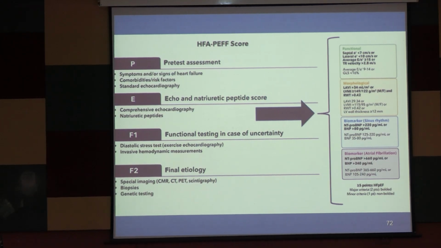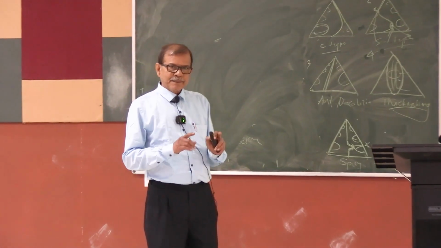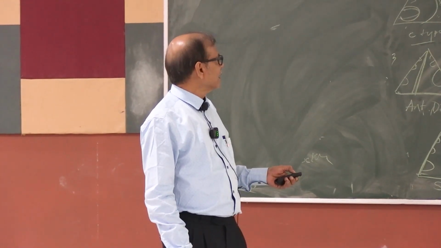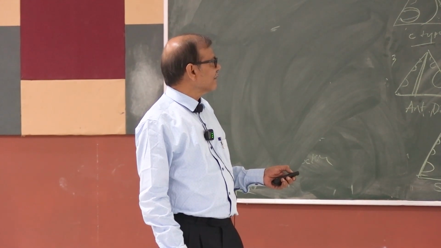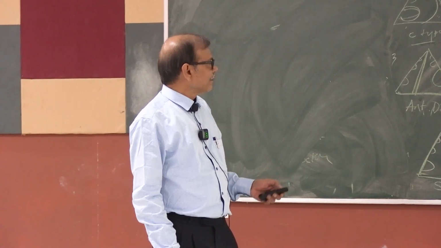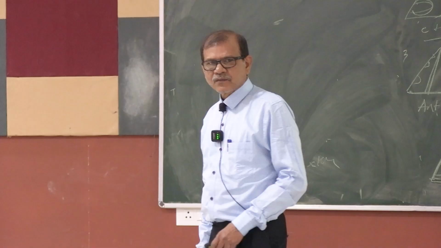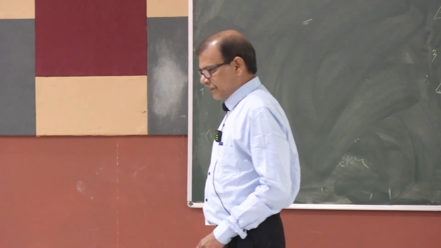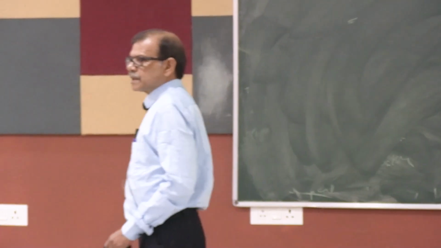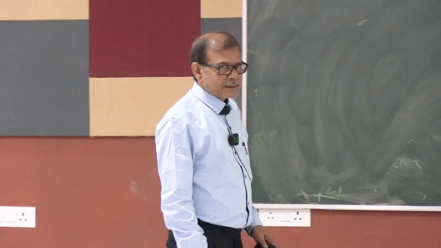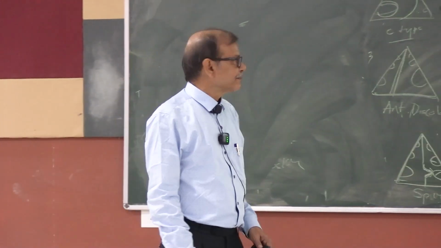In this case it is comprehensive echocardiography and estimation of the natriuretic peptide levels. F1, that means functional testing in case of uncertainty. That includes the diastolic stress test or stress echocardiography.